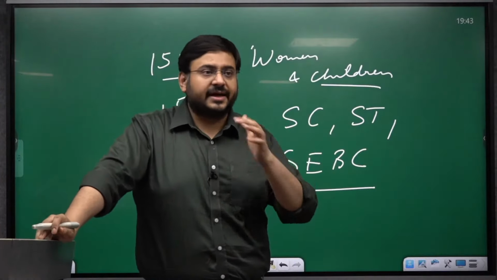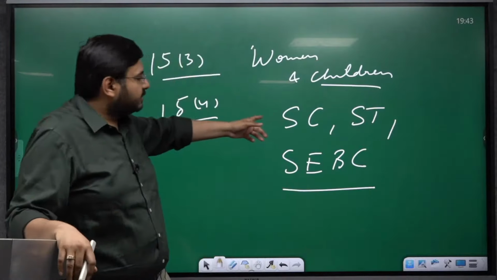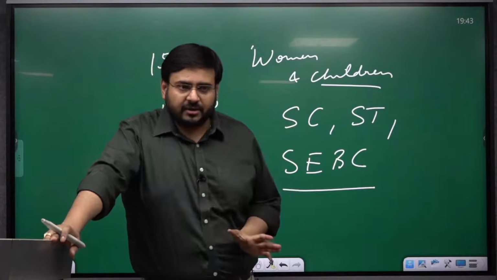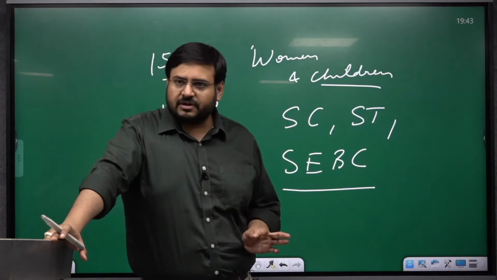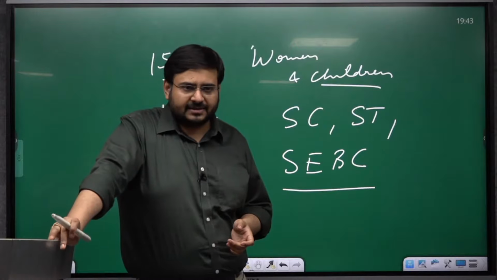It's just that the state cannot be stopped from making them. Clear? The state cannot be stopped from making special provision for the welfare of scheduled castes, scheduled tribes, socially and economically backward classes. True or false?